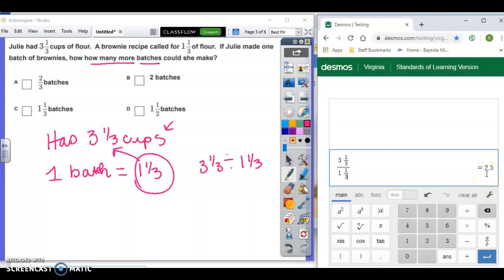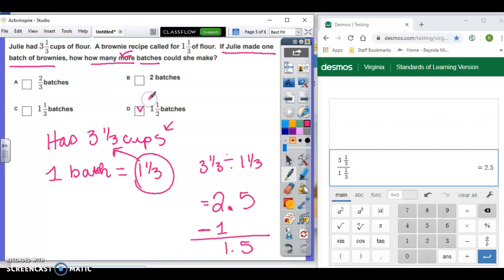So she can make a total of 2.5. But the question says, if she made one batch of brownies, how many more can she make? So we need to take away that one batch that she already made. So 2.5 minus 1 is 1.5. So she can make 1 1/2 more batches because she already made one.